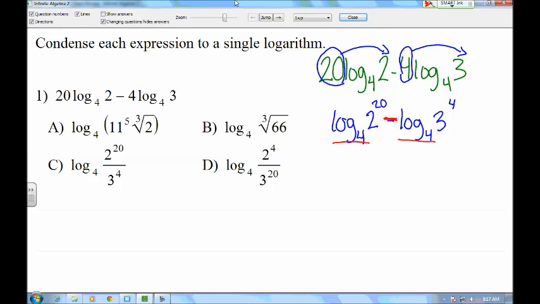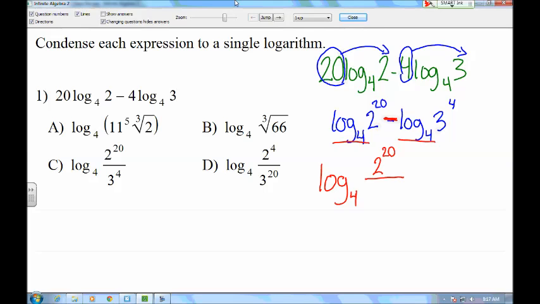Order is important, though. When we condense into a single log, we're going to make it into a division problem. Notice the base stays the same. But order is important. Which one becomes our numerator? The 2, the first one. It's in the order it's written. The first one is your numerator, 2 to the 20th.